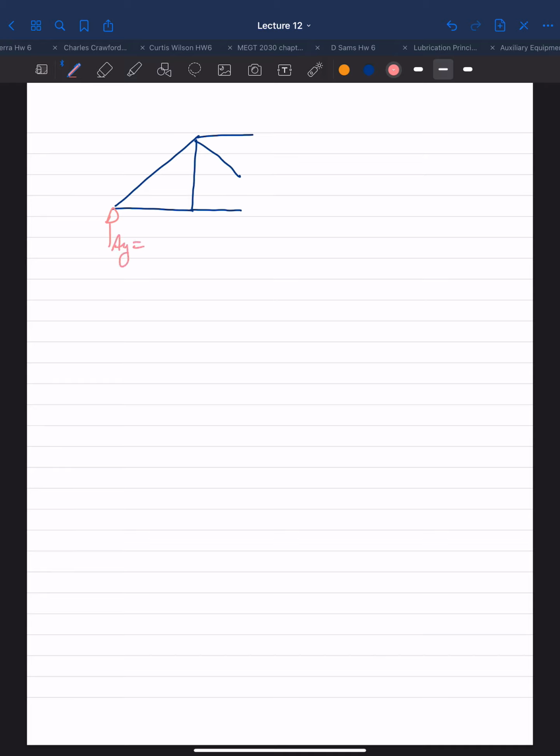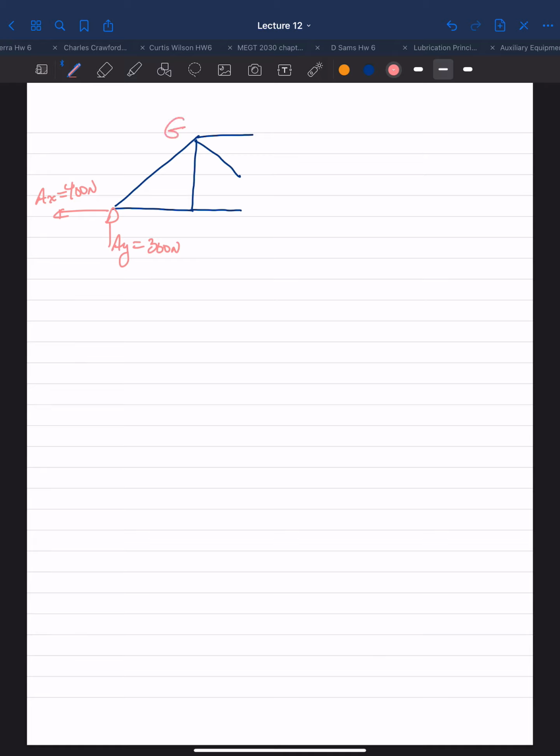If AY is, we said, 300 newtons, AX is 400 newtons. This is our G.